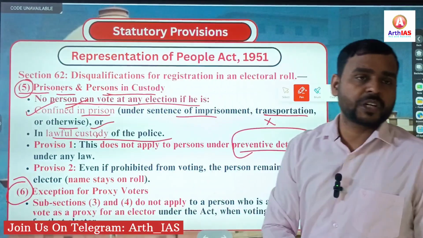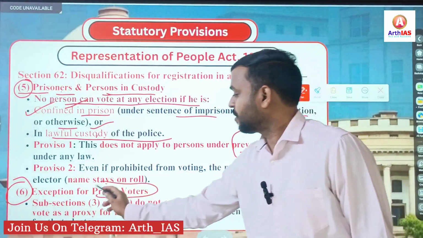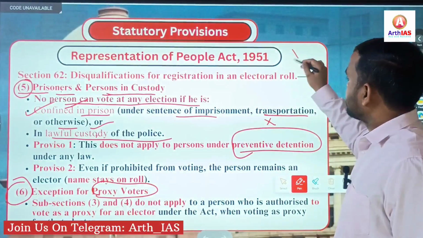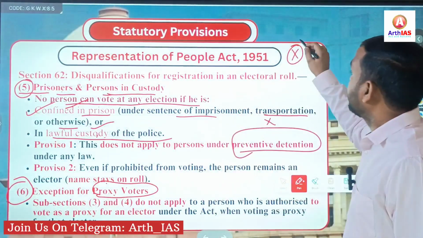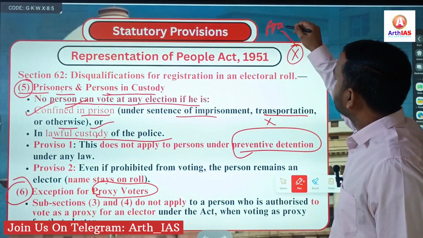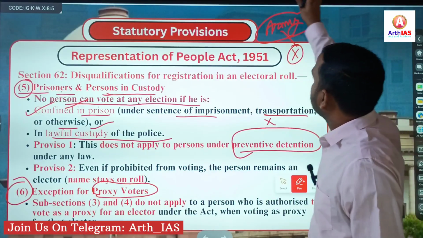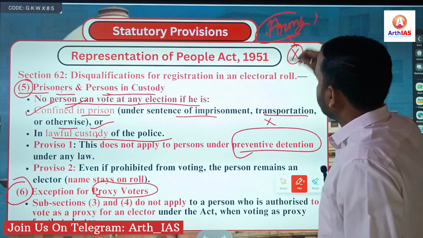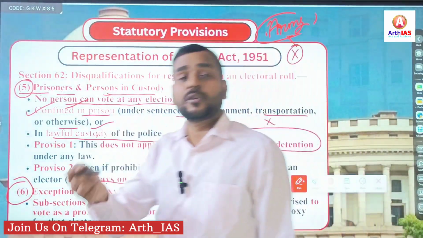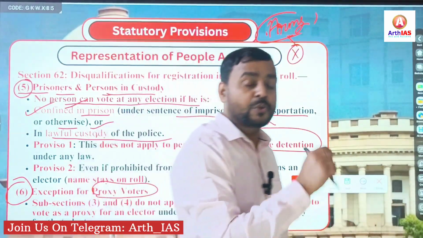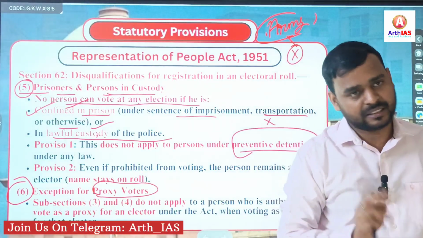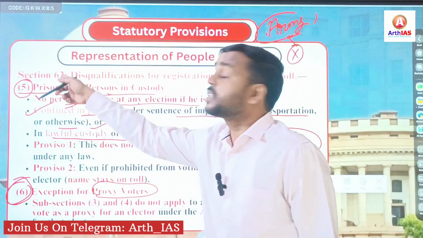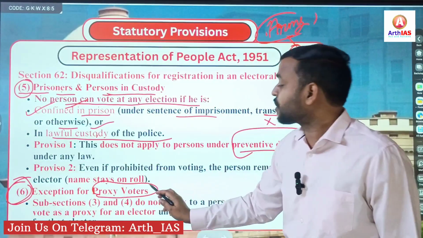Next, subsection 6. This is very important. It is related to proxy voters. What is a proxy voter? Just imagine that person X is an army personnel, but he or she is not available to cast his or her vote. Under subsection 6 of section 62 of the Representation of People Act, proxy voters are allowed.